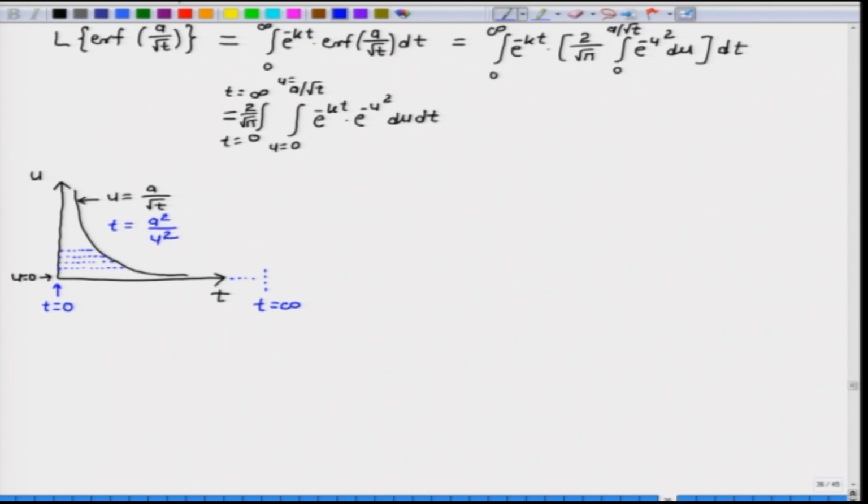So, we define the inner integral limit as t equal to 0 to t equal to a square by u square, and the outer integral limit will now become u. So, u in this case will be bound by u equal to 0 all the way to infinity.